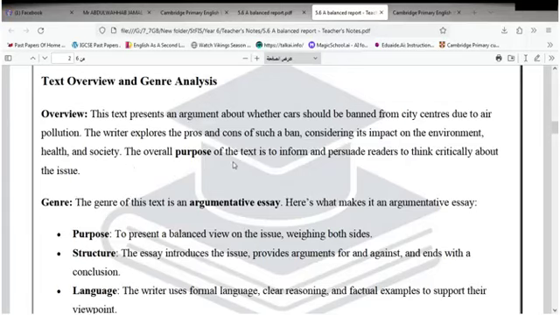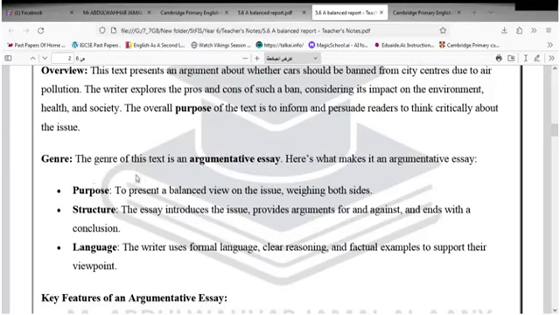The overall purpose of the text is to inform and to persuade. I can say to discuss, I can say to argue. All of these purposes are correct. So, to argue or to discuss, to inform and persuade with each other, not one only, the readers to think critically about the issue and find a solution.